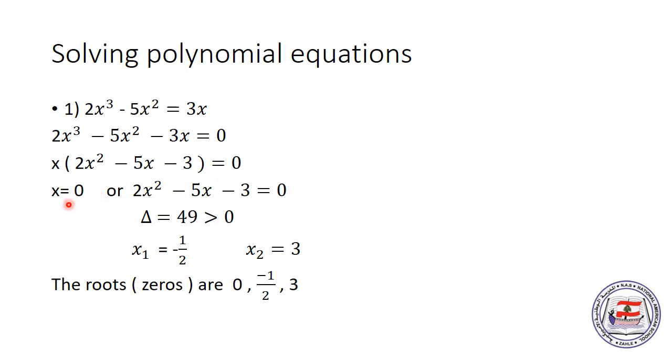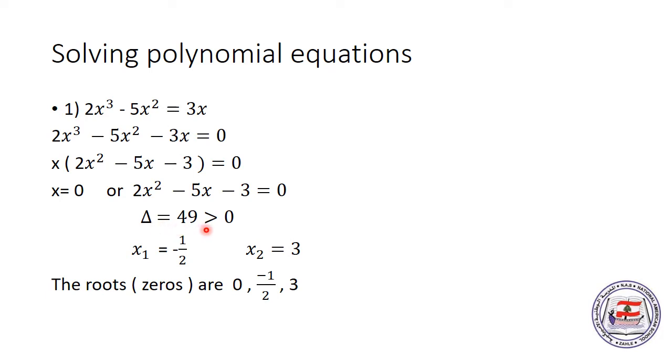Taking each factor equal to 0, x is equal to 0, or 2x squared minus 5x minus 3 is equal to 0. This is a second degree equation. It can be solved by using the sum and product way of factorization, or simply by using delta, the discriminant.